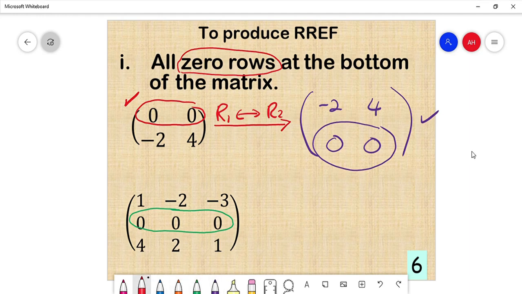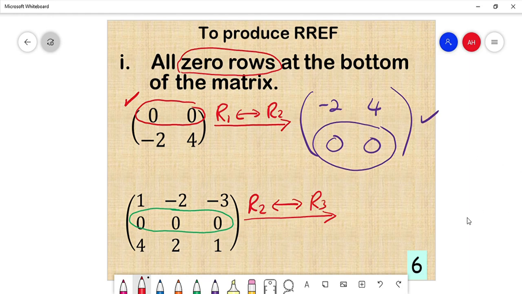Can you tell me what we have to do in order to fulfill this requirement, that the 0 row must be at the bottom of the matrix? Yes, we have to exchange between rows: row number 2 and row number 3.